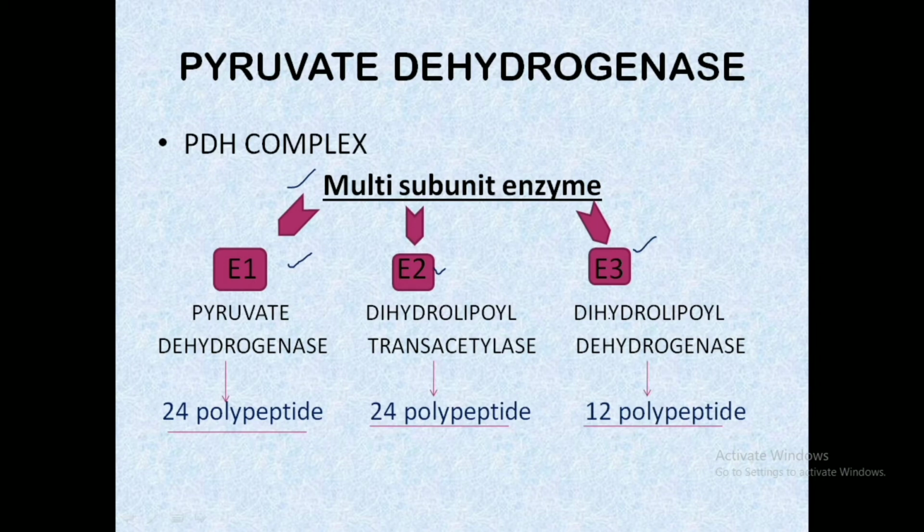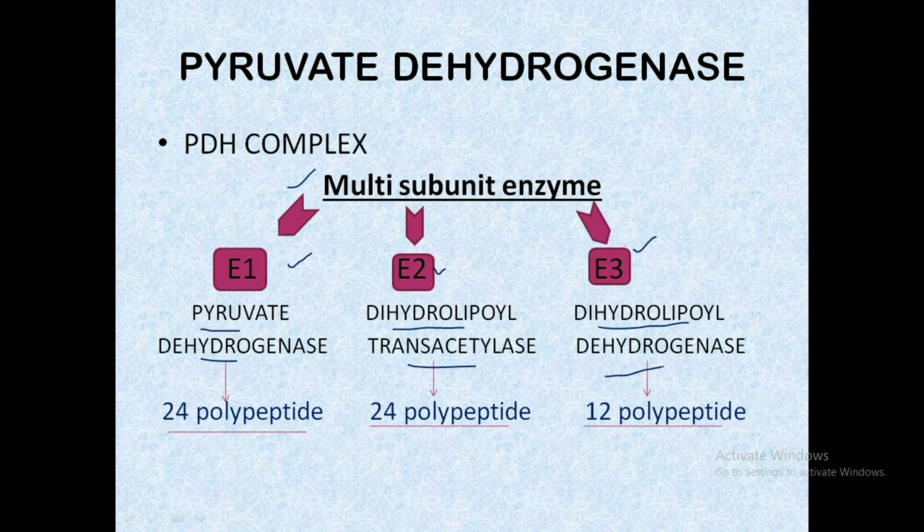We just need to remember their names and the number of polypeptides they are formed of. The E1 subunit is known as pyruvate dehydrogenase, the E2 subunit is known as dihydrolipoyl transacetylase, and the E3 subunit is known as dihydrolipoyl dehydrogenase.